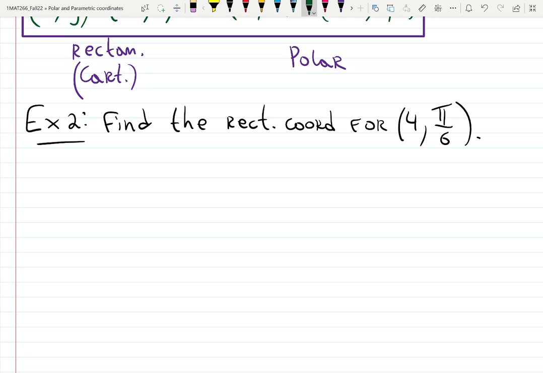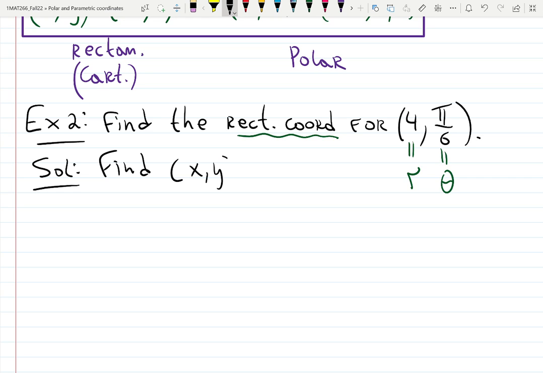Since we are asked to find rectangular coordinates, we are given polar. That means 4 is r and pi over 6 is theta, and they have different meaning now, not run and rise. That's very important. Solution: they ask us to find x comma y. This one is easier than the one before. I showed you these steps.